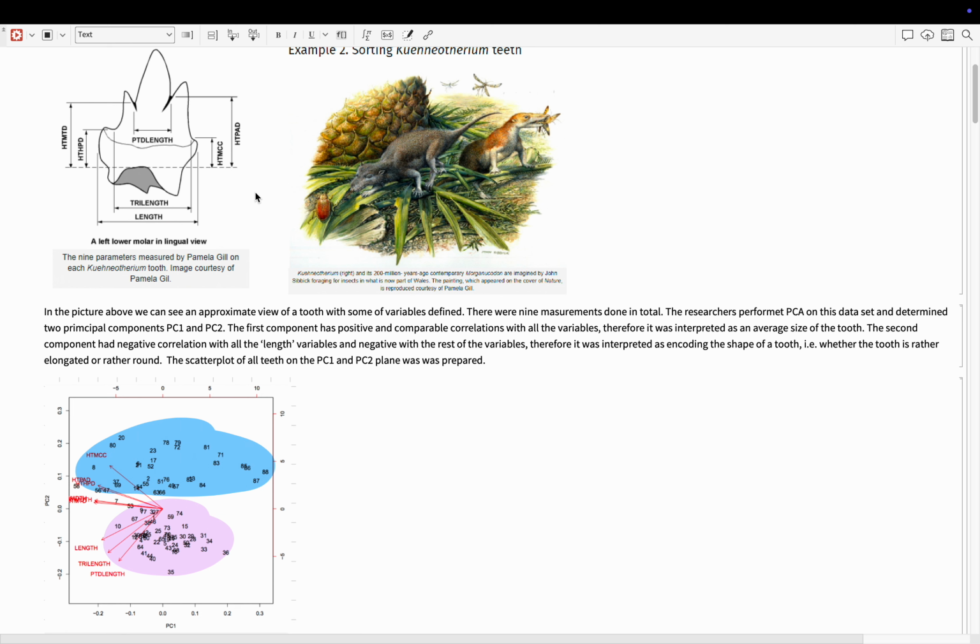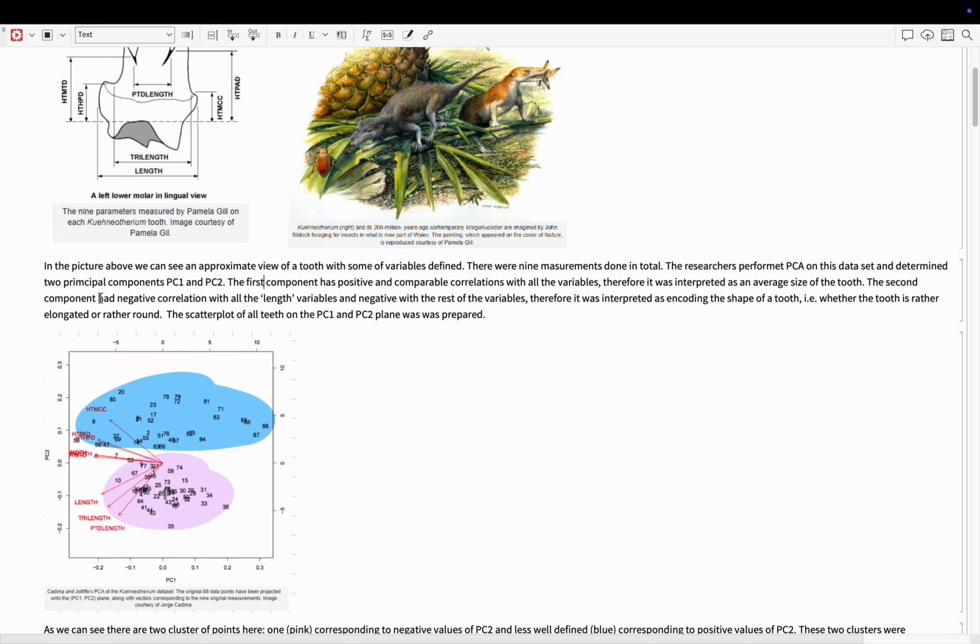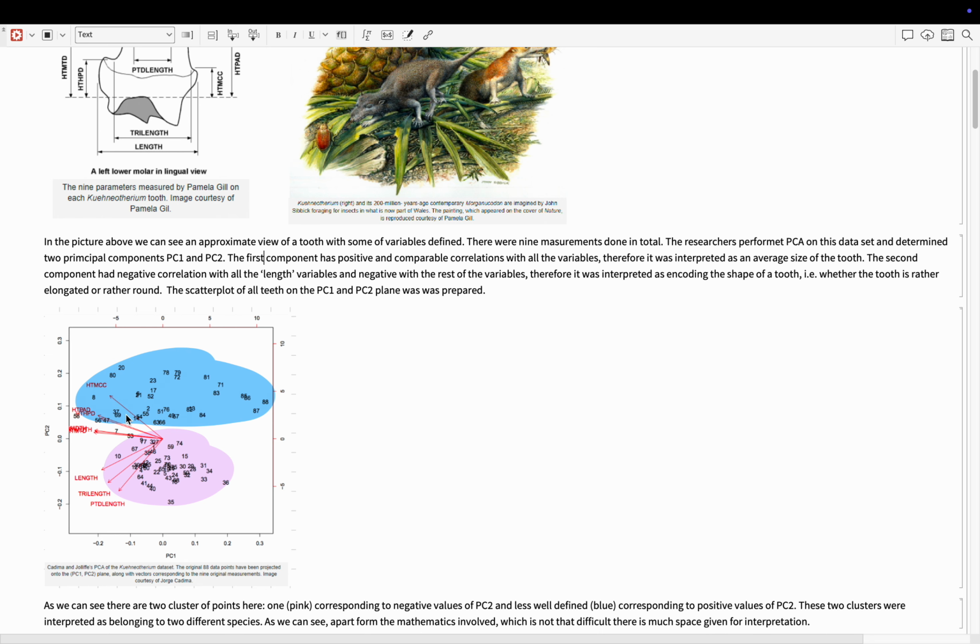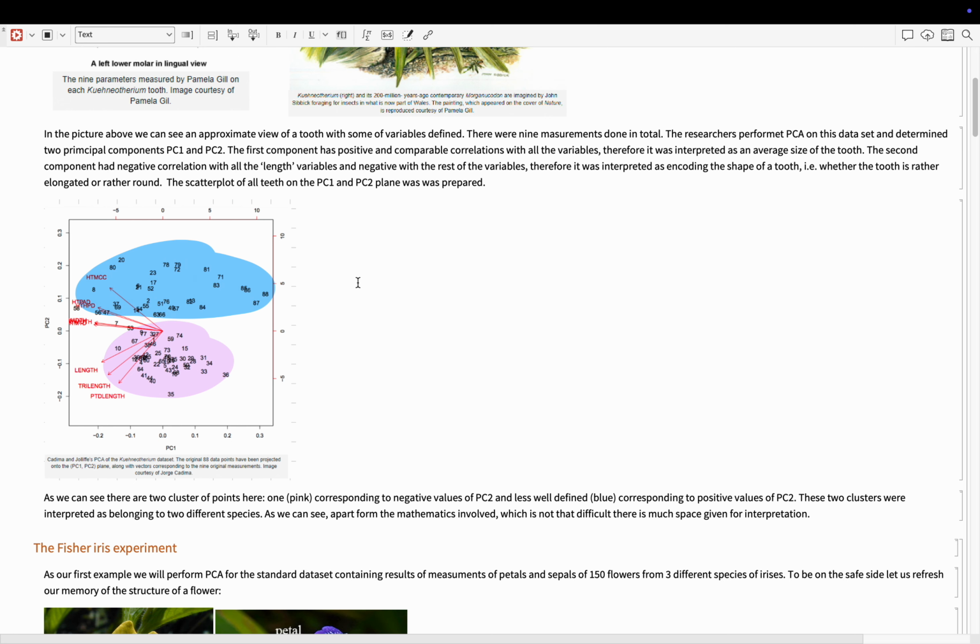So it could, in some sense, distinguish between teeth that are rather elongated and teeth that are rather round. And this shape on the vertical axis appears to distinguish between the two species.